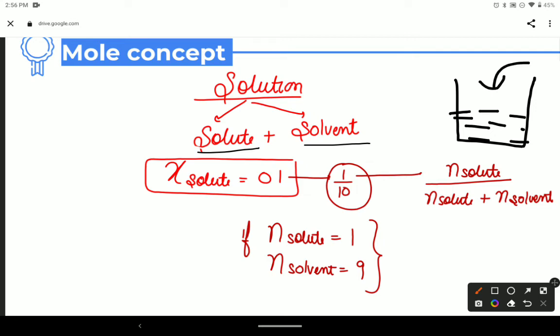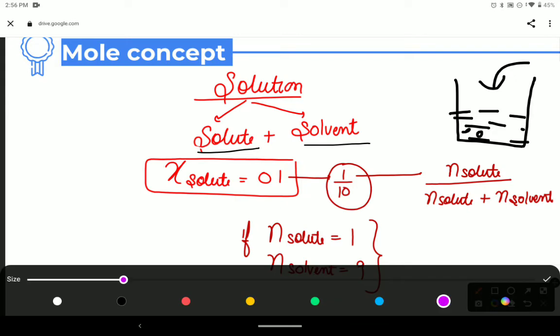We are making a sugar solution. Sugar settles down here. So sugar refers to solute and water refers to solvent. Okay, and this is called a sugar solution.